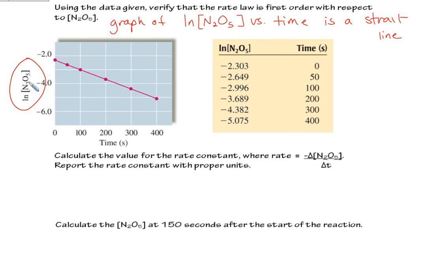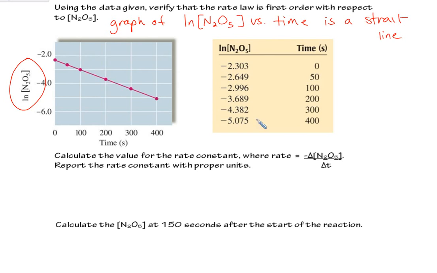And it's kind of nice that in this data table, they already gave it to us as natural log of the concentration. Often, the data is just going to give you molarity, and then we would have to plug it in as natural log. This time, we can just calculate the slope.